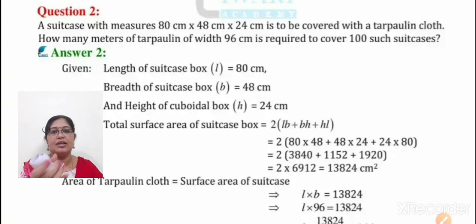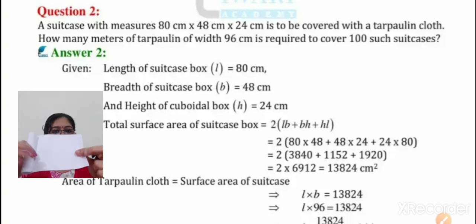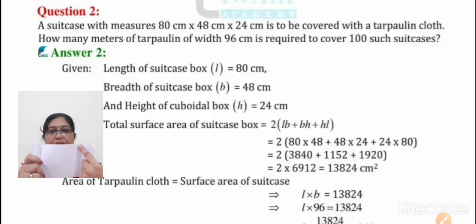So you can see the tarpaulin will be rolled and kept like this. If you are unfolding it, it will be like this. So this one's breadth, that is 96 centimeter, width is given and you should find the length. How much tarpaulin is needed to cover the suitcase?